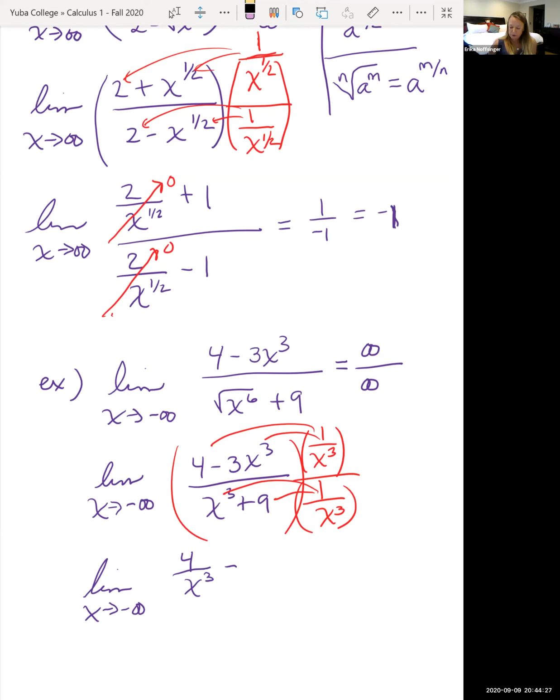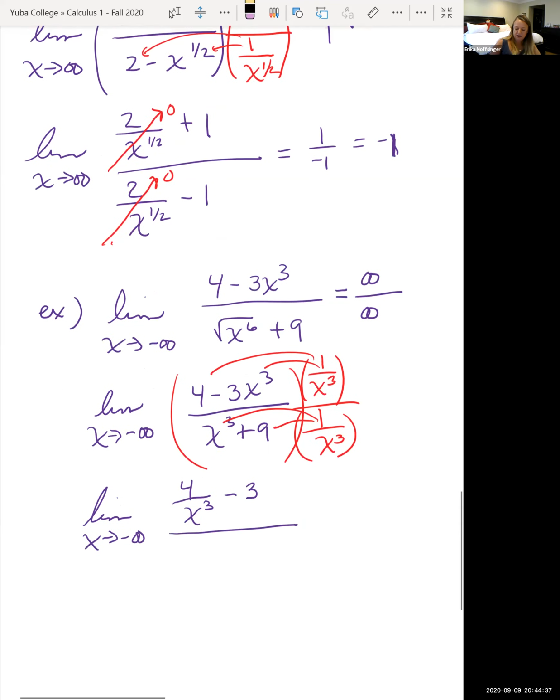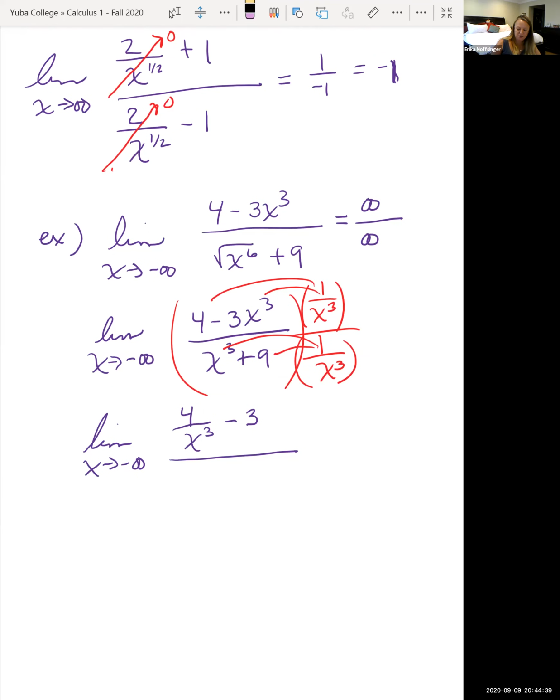Minus 3x cubed all over x cubed. The x cubes cancel, leaving you with 3. And then all over, distributing 1 over x cubed to the x cubed here, the x cubes cancel, leaving you with 1, plus 9 times 1 over x cubed, so 9 over x cubed.